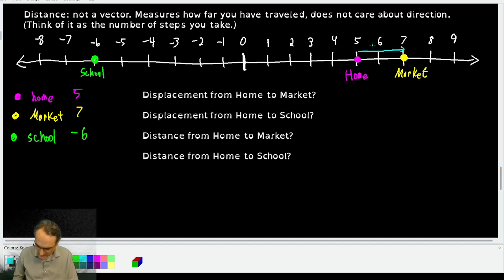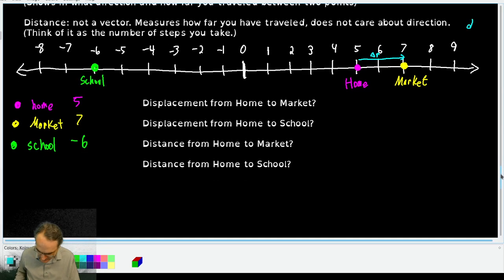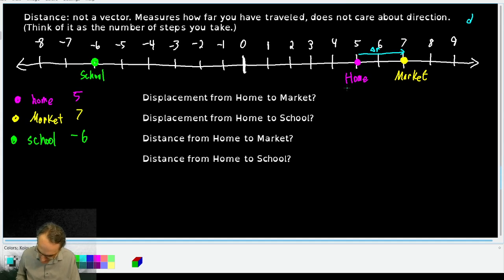The displacement vector, delta r, would look something like this. So displacement, I did forget to mention symbols. Displacements tend to be delta r. Distance, just something like d. Alright, so here we'd find delta r is 2 units to the right.